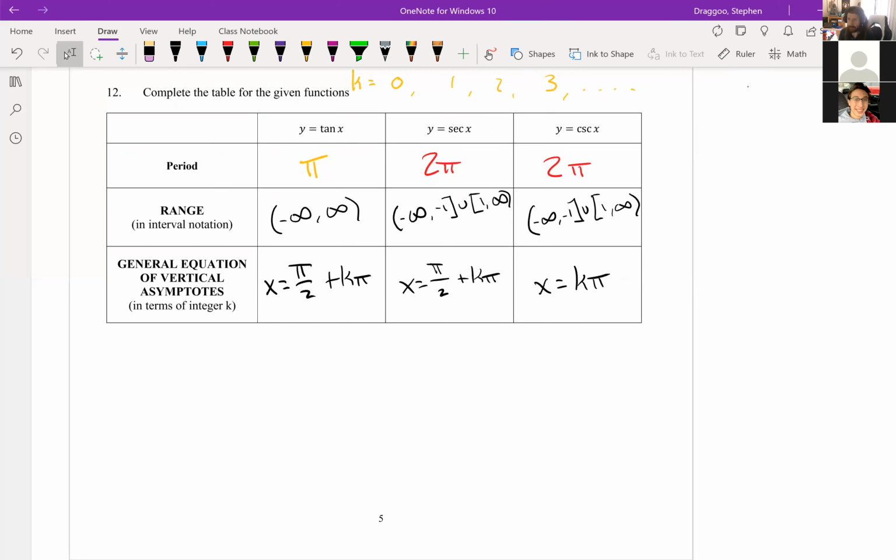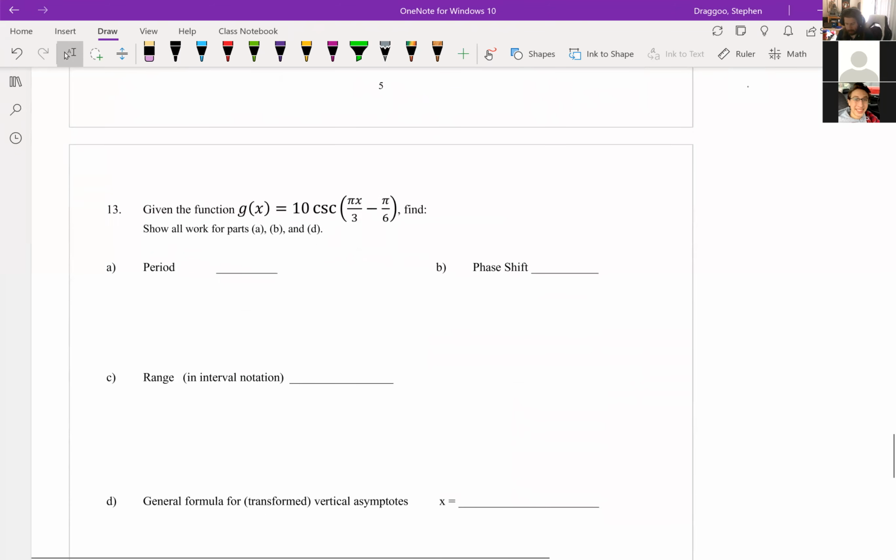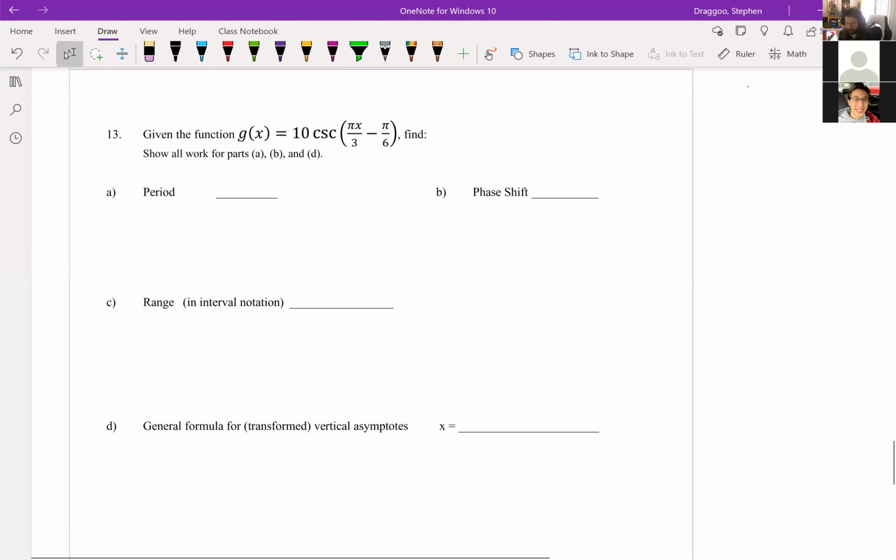Cool. That's the whole table. Again, you can find that just on worksheet 8. And the one function that was left off that previous table was cosecant, so we're going to do cosecant expanded out in problem 13.